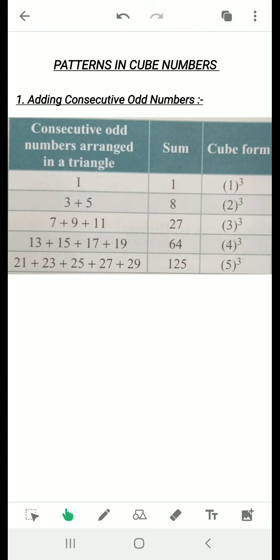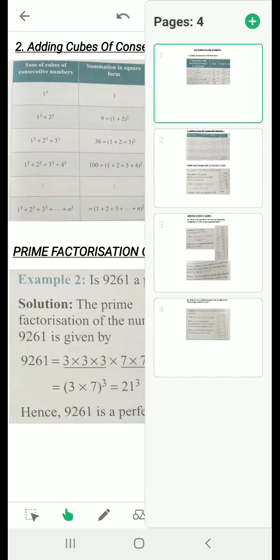But in this case, we will take the next ones: first odd number, then next 2, then next 3, then next 4. So this is the first pattern in cube numbers.